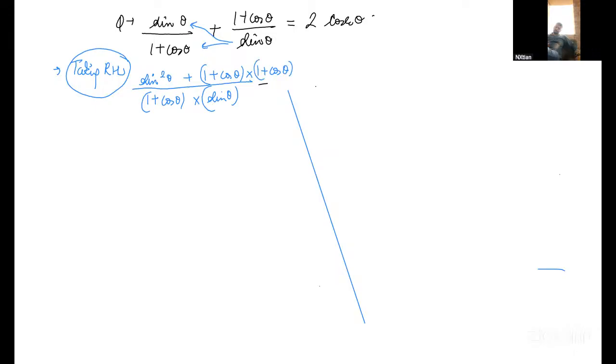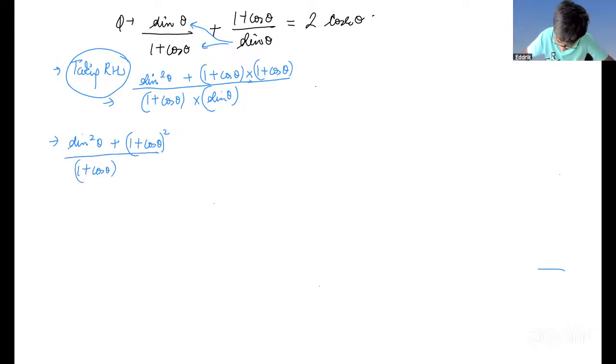Did you understand, guys? Yes or no? Any problem in that? Okay, so it will become sin square theta plus (1 plus cos theta) whole square upon 1 plus cos theta into sin theta.